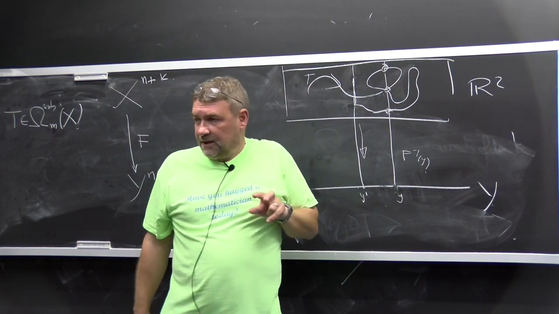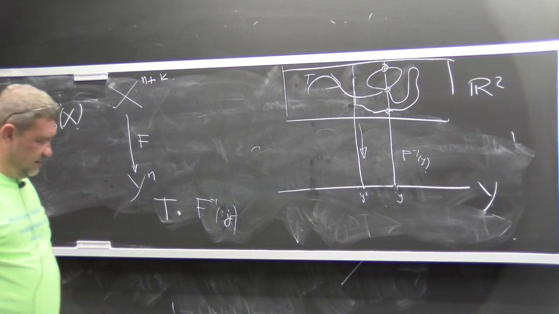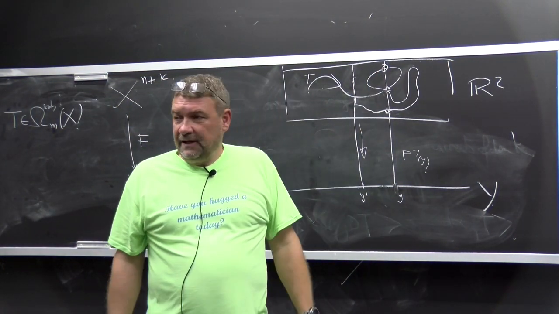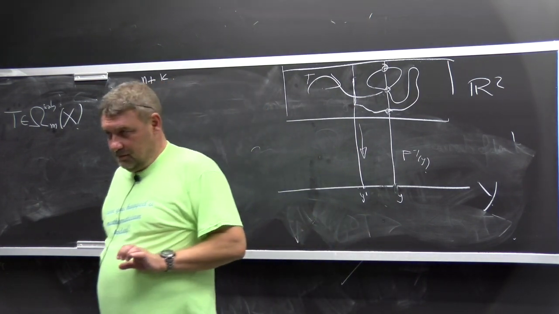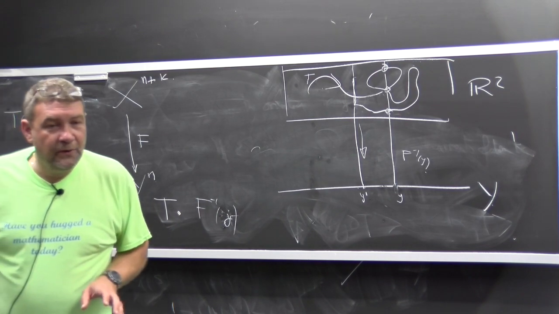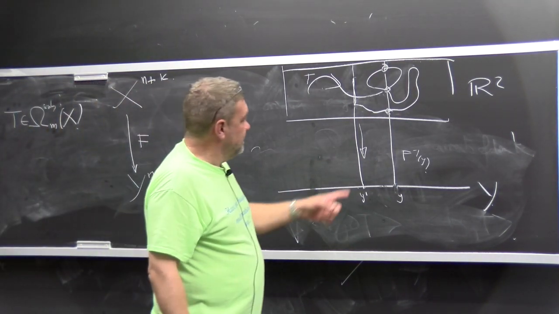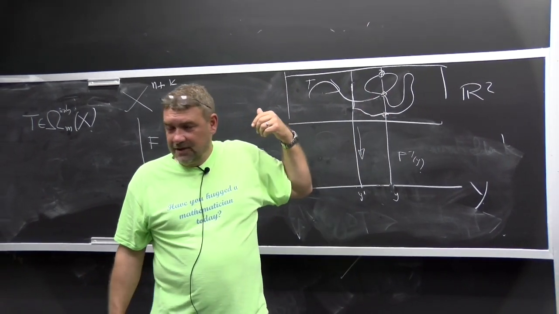What is a novelty? Federer did slicing theory in the 60s. But it says this current is defined for almost every y. But you didn't know for which it is defined. Now it says when it is defined: when the intersection is good.